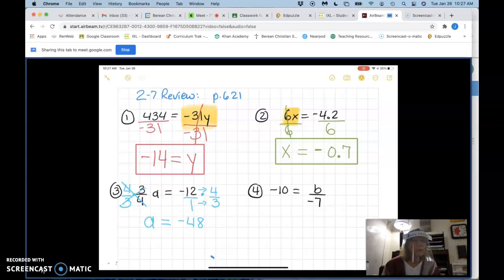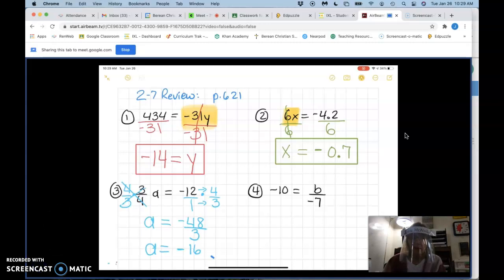And then if I multiply the bottoms, 1 times 3 is 3. And then for my last step, I can divide, because remember, fraction means divide. So do negative 48 divided by 3 on your calculator now. Go. And A equals negative 16.